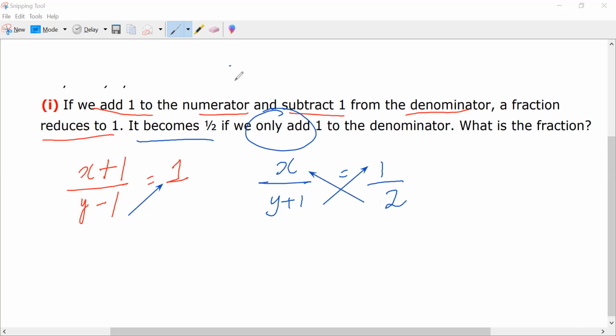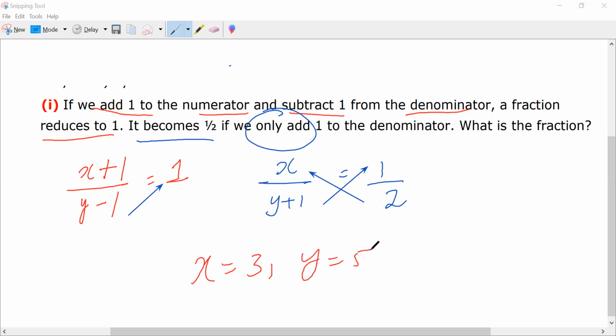We have to cross multiply and we get the answer. The logic is very simple. Upon solving, we'll get x as 3 and y as 5.